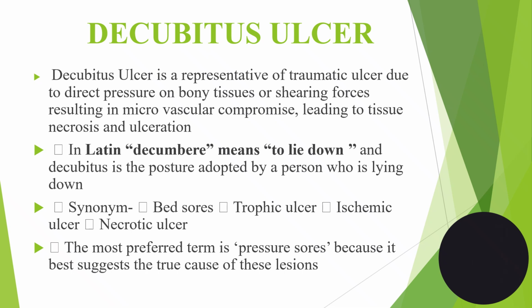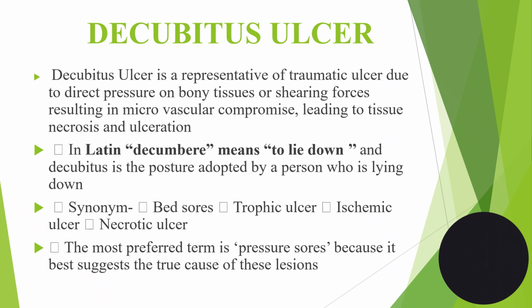Decubitus ulcer is a form of traumatic ulcer due to direct pressure on the bony prominence of a person. It may lead to vascular compression, then tissue necrosis and ulceration. In Latin, decumbere means lying down.